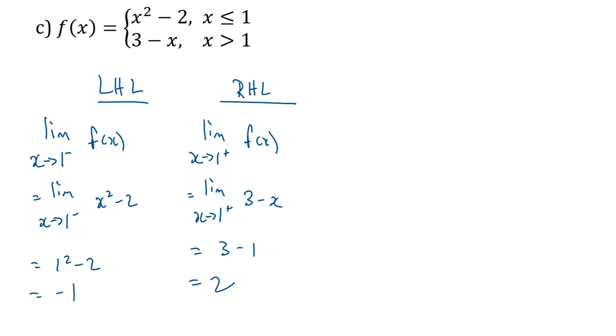So, what does this tell us? It's discontinuous when x equals 1. And the limit doesn't exist. Very good. So the left-hand limit does not equal the right-hand limit. Does the function exist at that point? Yes, the function exists, but the limit doesn't exist. Okay?